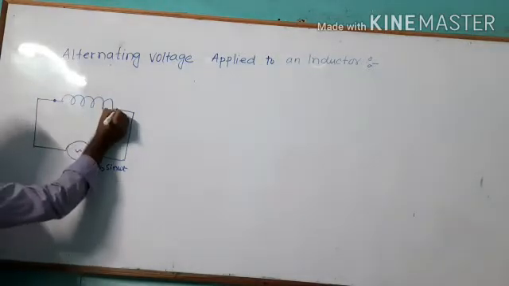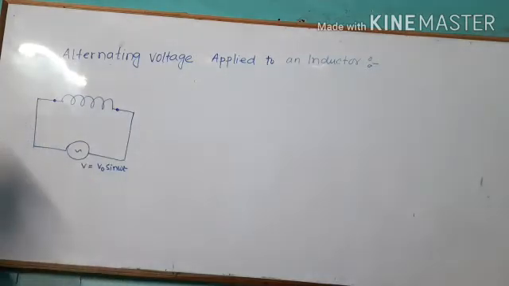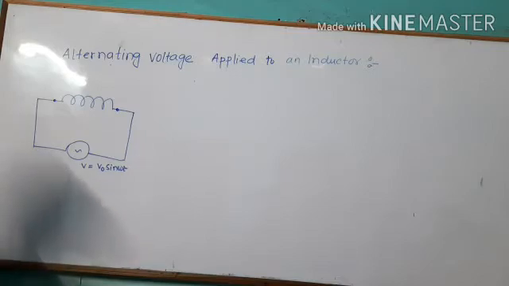Now we know that if there is change in current in a coil, then this changing current changes the magnetic field, which changes the magnetic flux, and this changing magnetic field produces EMF in the coil, which is called induced EMF, and the direction of this induced EMF opposes the change.